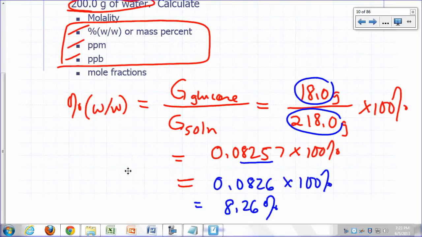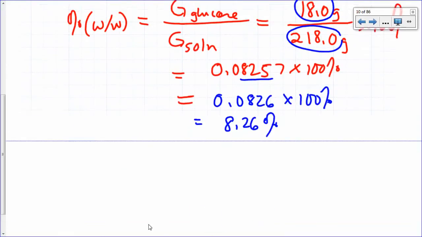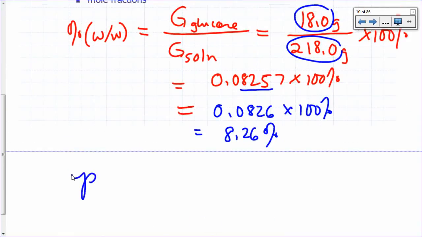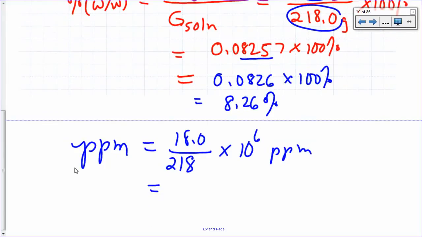Okay. How do you get parts per million? Parts per million would be the same ratio, so 18.0 over 218 times 10 to the 6 parts per million. Okay, so this is ppm of glucose.